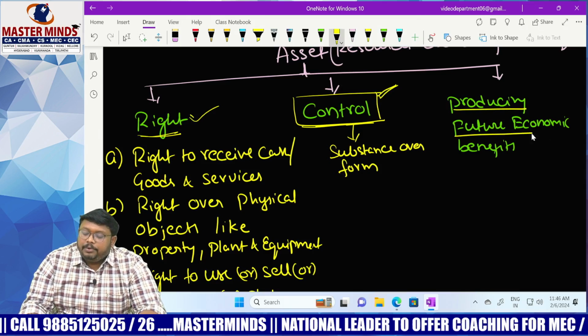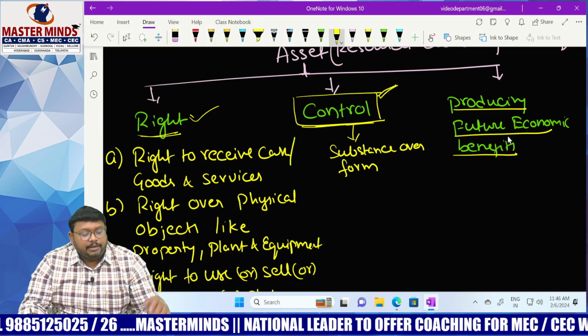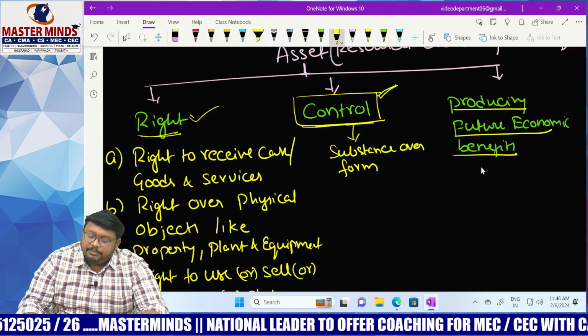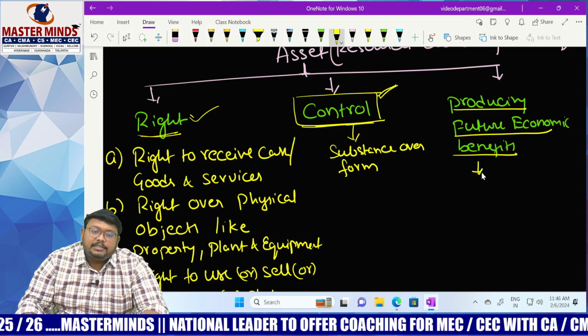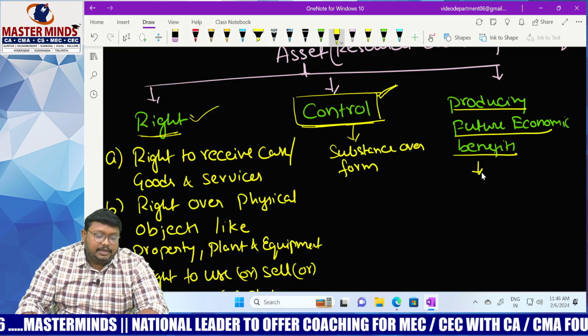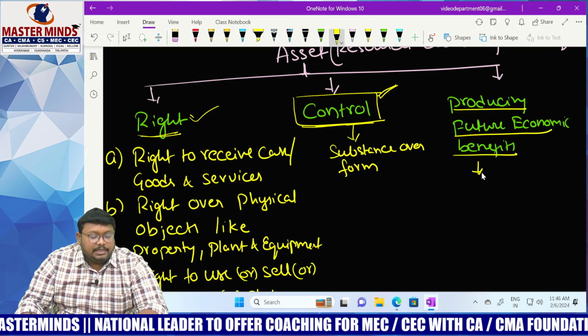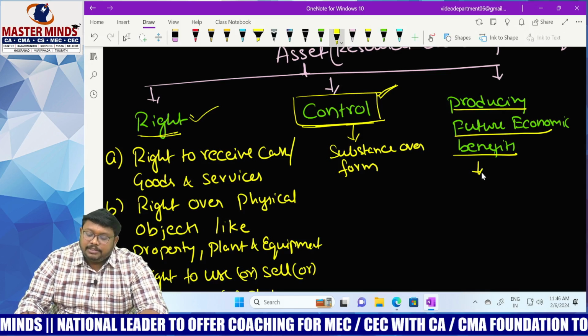Next one, producing future economic benefits. Future economic benefits means, by using the asset, either you can earn some revenue in the future or reduce some cost.